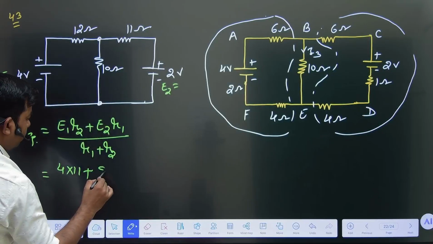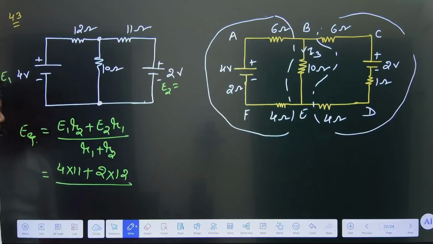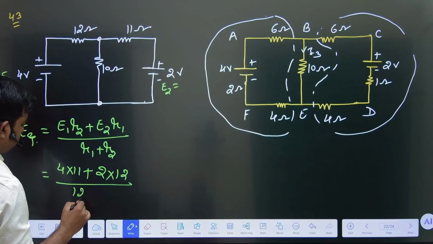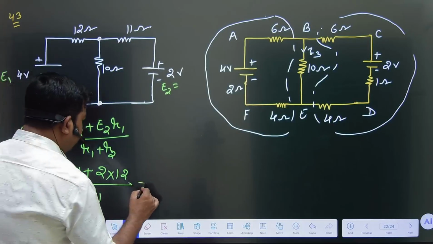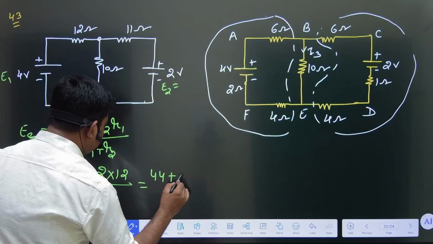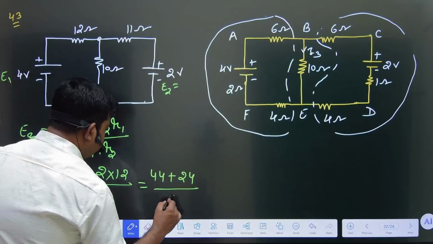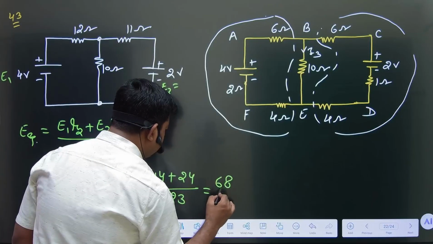E2 is what? 2 into R1. R1 is 12, divided by R1 plus R2. That is 12 plus 11. Clear to you? So on multiplying we get 44 plus 24 divided by 23. So the total result is 68 by 23.